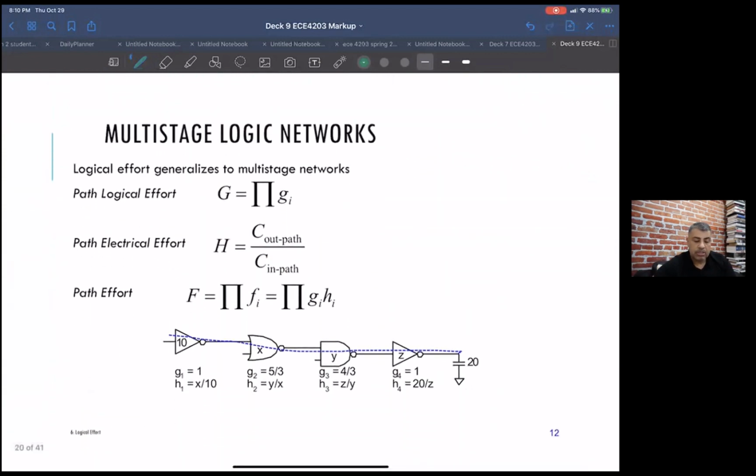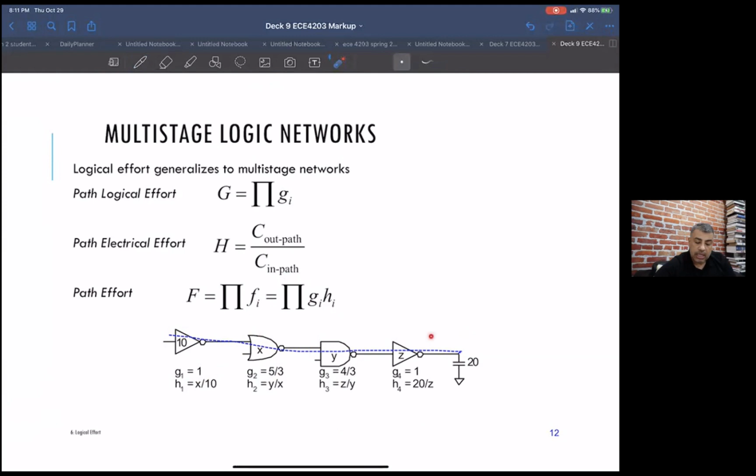This is where it starts getting kind of cool, because remember, we were doing all this as a prelude to figuring out how to optimize or calculate the delay of a multi-stage network.